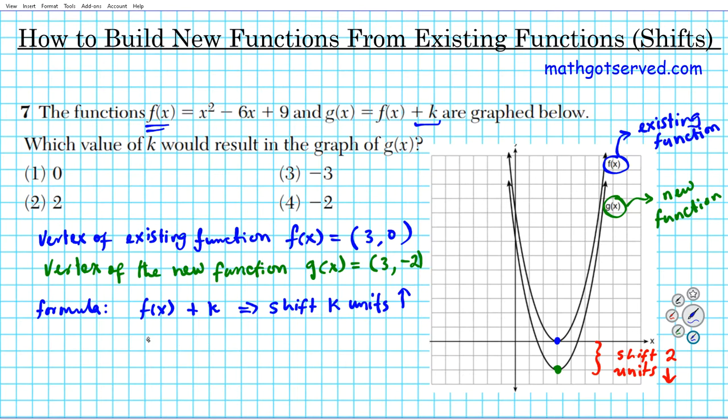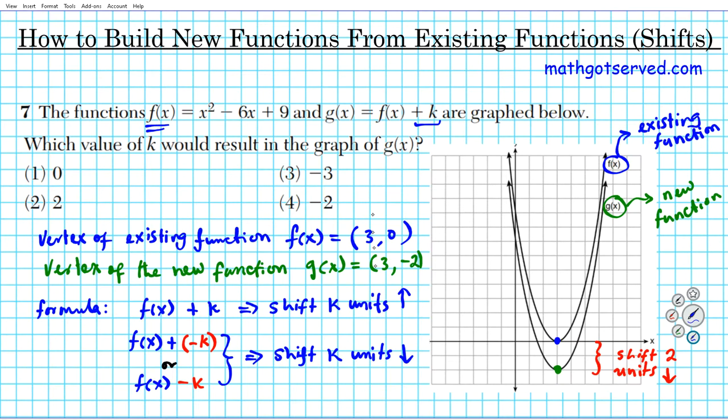Now, if you have f of x plus a negative k value, you can write it as f of x plus negative k, or simplify it into f of x minus k. When you subtract that constant from the original function, that's going to cause your function to shift k units down, in the opposite direction.